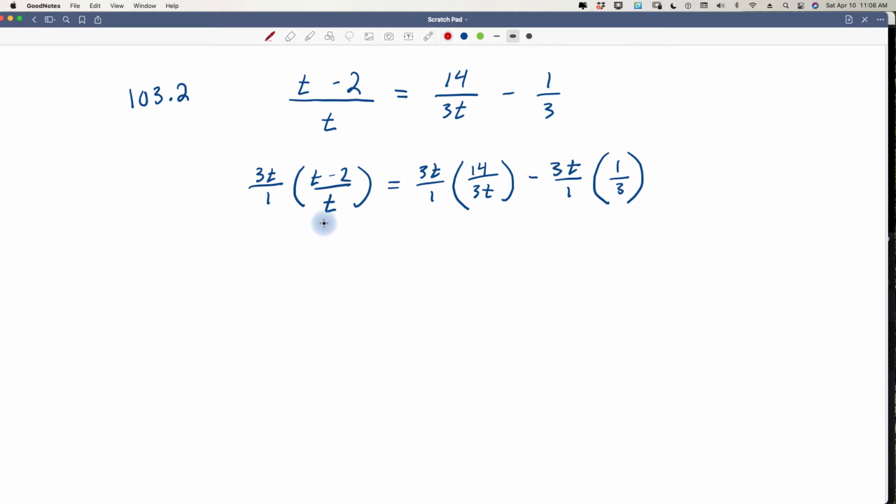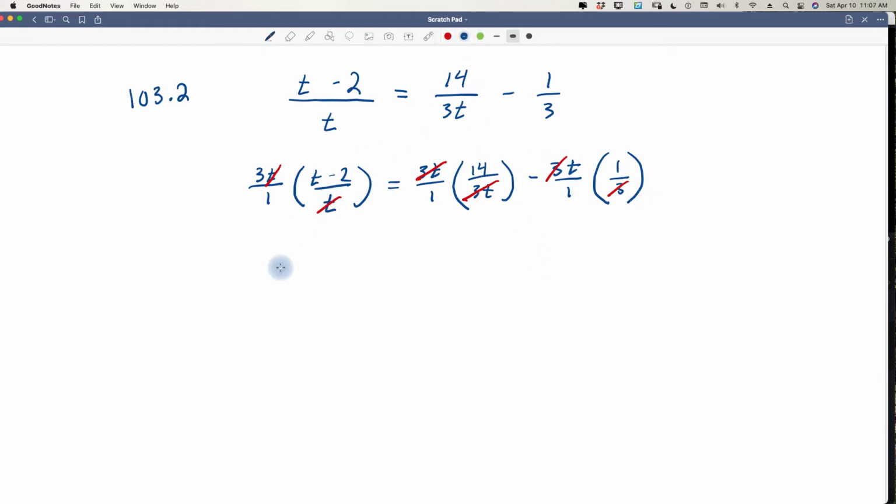That's going to save us some steps. So in multiplying, we know 3 times t here. These are two factors, so we can factor out the t here and the t here. And we can look at this one, and we see we've got a 3t and a 3t. And over here we have a 3 and a 3. So now we have canceled out everything we can.